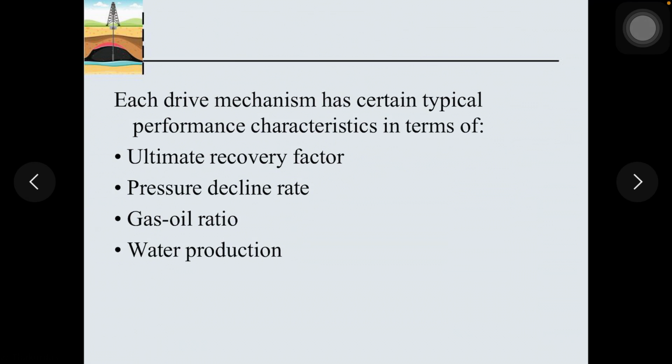So each drive mechanism has certain typical performance characteristics. Different graphs are derived based on the pressure and water or oil or gas production conditions. So we will see these graphs where you can see gas oil ratios or pressure decline curves, and then you can differentiate between different types of drive mechanisms.